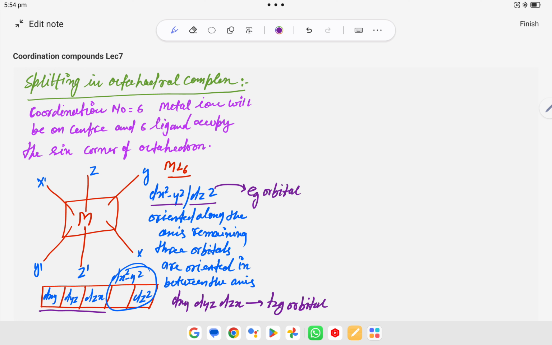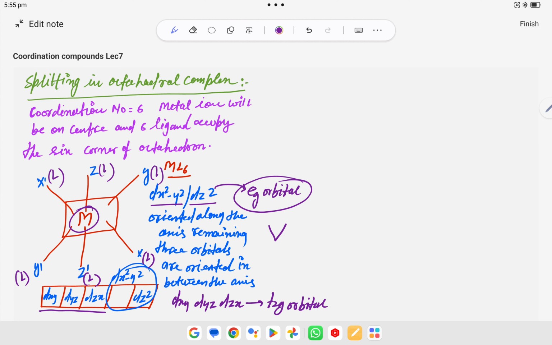So the thing is, as the six ligands approach the metal along the axis, the Eg orbital is repelled more as compared to the T2g orbital.